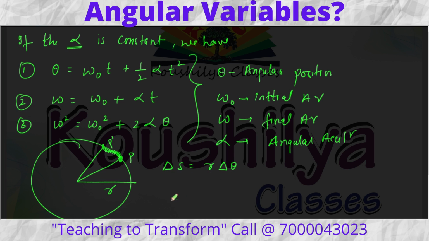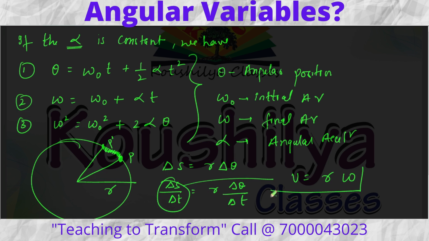That is, once we differentiate this value, delta s upon delta t is equal to r delta theta upon delta t, which is going to give ds upon dt, that is v, is equal to r omega.